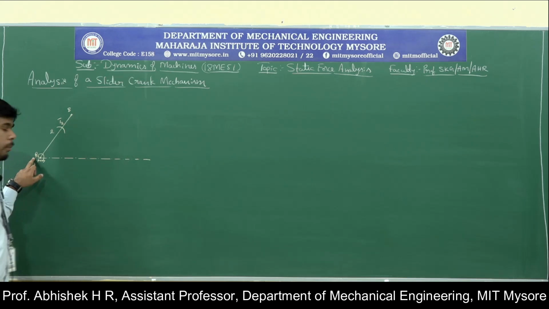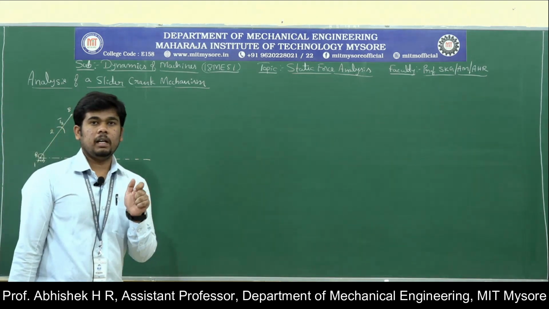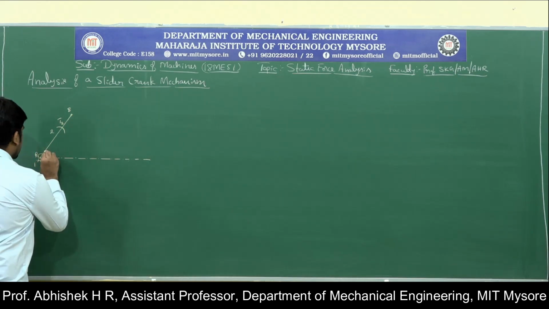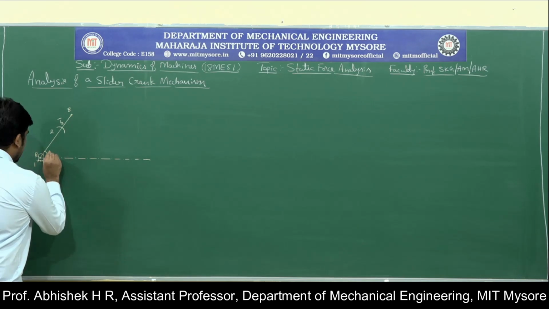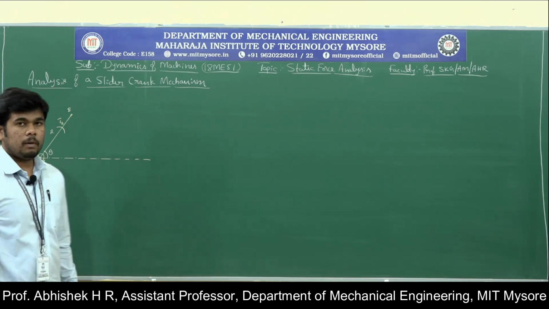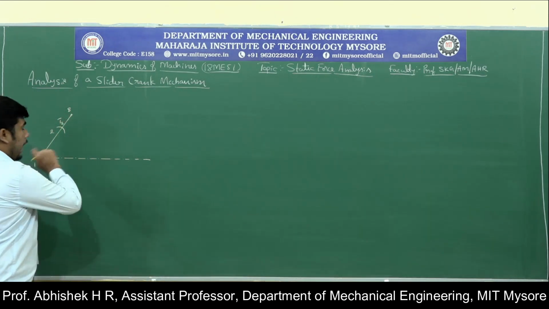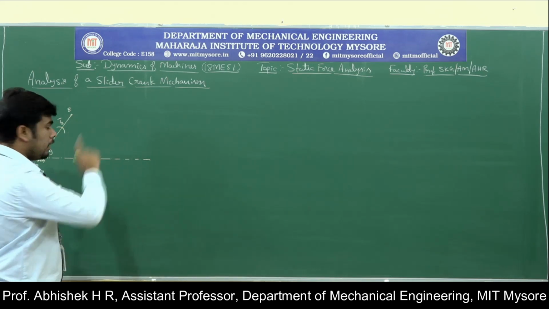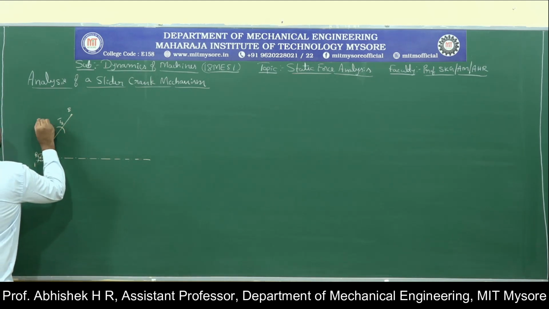Then, this point will be named as A, and at A, you have to take the angle given in the problem. Since it is a general procedure to solve the problem, I will use it as theta. In the problem, they will give the particular angle. With respect to that angle, using the distance between A and B, you have to draw the link, that is the crank.